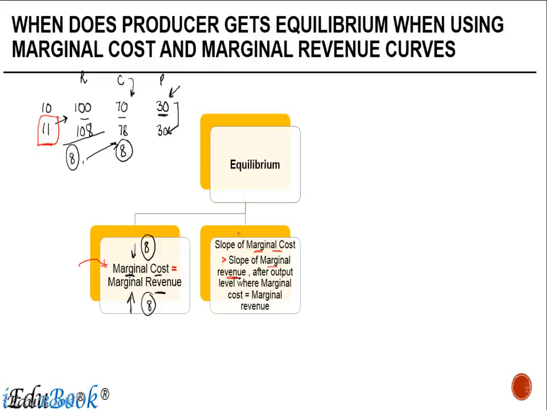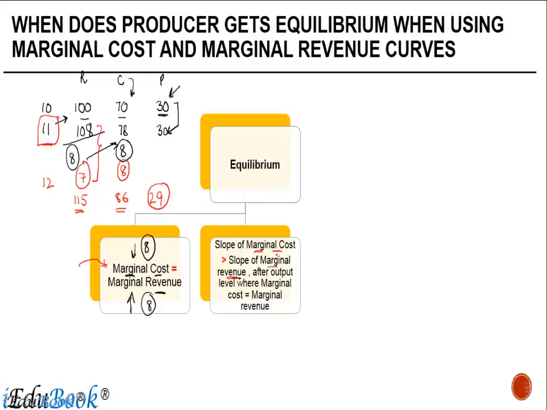Now what this means is, if I produce 12 units, let's say my increase in revenue is 7 rupees, which means the total revenue now becomes 108 plus 7, 115. But if my cost increase remains 8, my total cost will become 86 and my profits would reduce to 29.